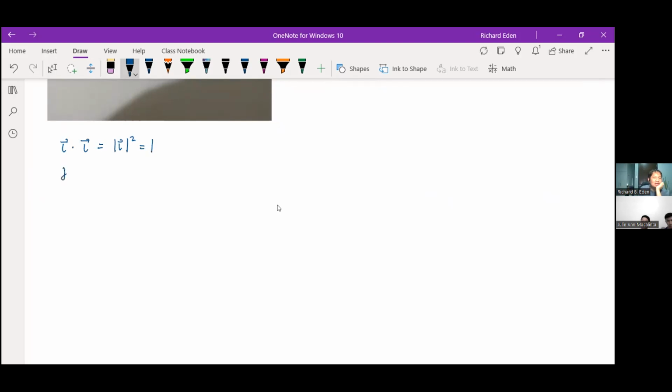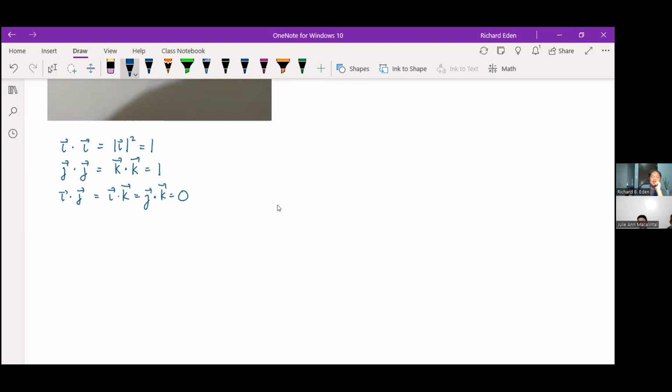And likewise, what's j dot j? j squared, or 1 din. 1 then. And how about k dot k? Definitely not 1. Okay. But what about i dot j? 0, because they're all perpendicular. So i dot j, i dot k, and j dot k are 0, because i, j, and k are perpendicular vectors.